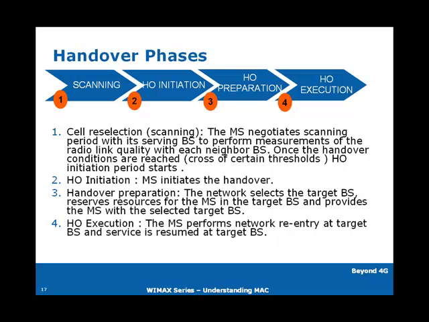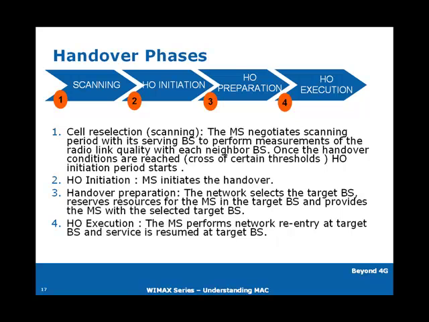In the handover preparation phase, which is step 3, the network selects the target base station and reserves resources for the mobile station in the target base station, and provides the mobile station with the selected target base station to start the handover execution. And in the handover execution, the mobile station performs network re-entry at the target base station, and services resume at the target base station.